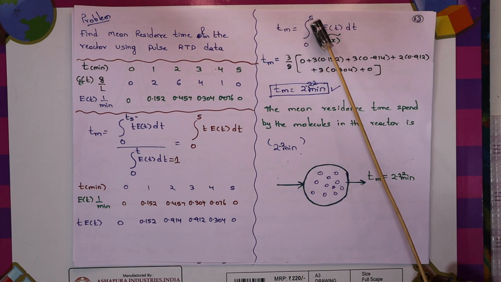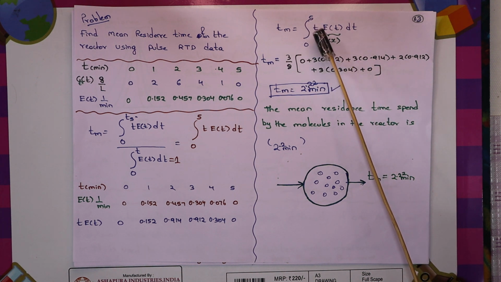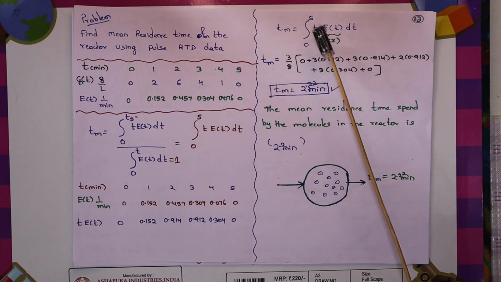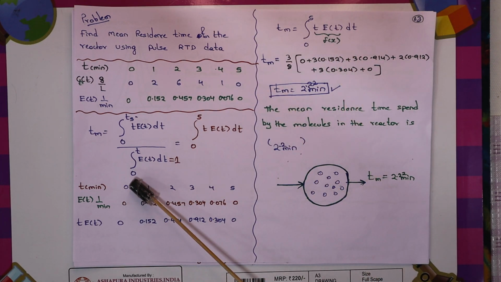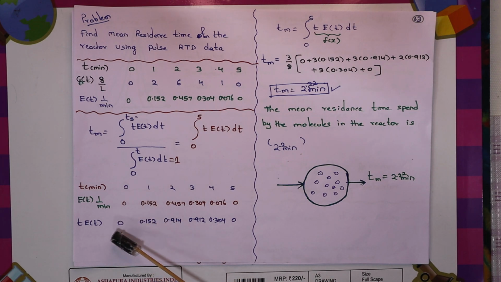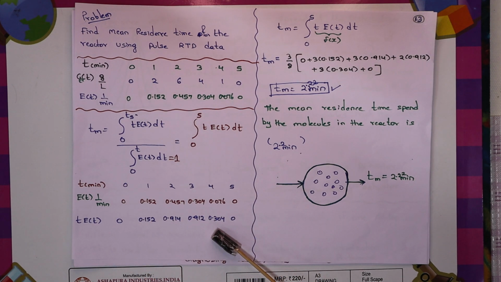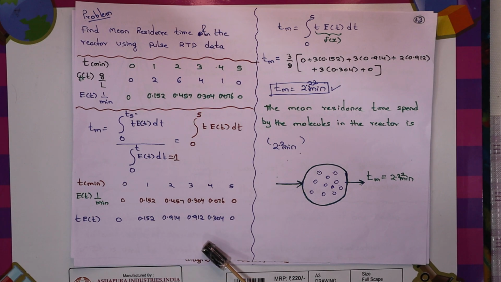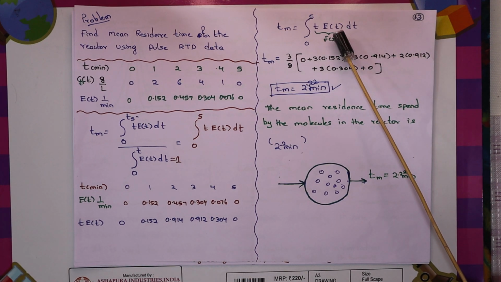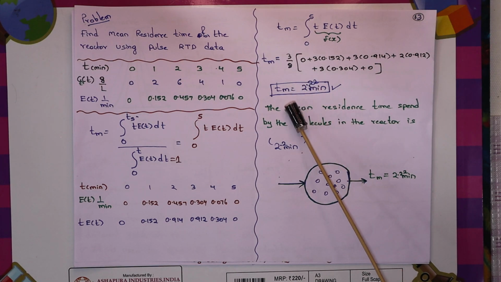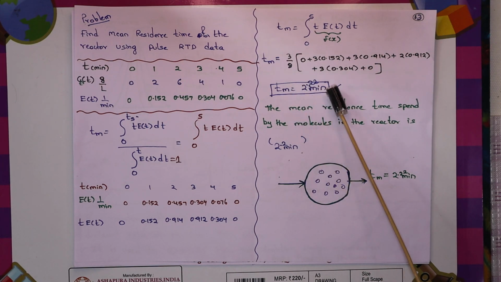Automatically 6 points are there. So I use the 6-point integration formula to evaluate, where t into E of t is my f of x. So let us find out what t into E of t is. I know t. I know E of t. If you multiply t into E of t, I get another number. Like that, at different times, I can get the t into E of t information. Using this information in the integral, I get the mean residence time equal to 2.22 minutes.